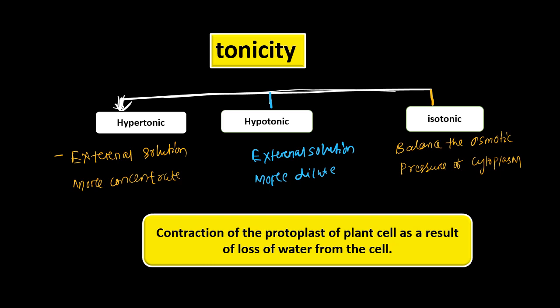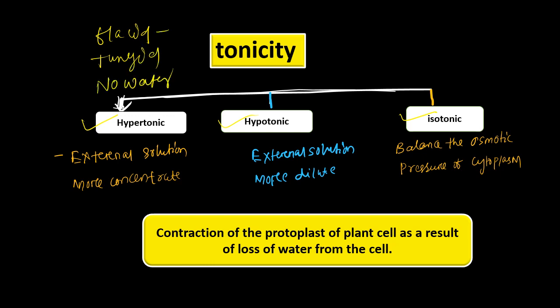So what is tonicity? There are hypertonic, hypotonic, and isotonic conditions. The cell behaves according to the surrounding environment where it is placed, and shows a flaccid condition, a turgid condition, or no water movement.